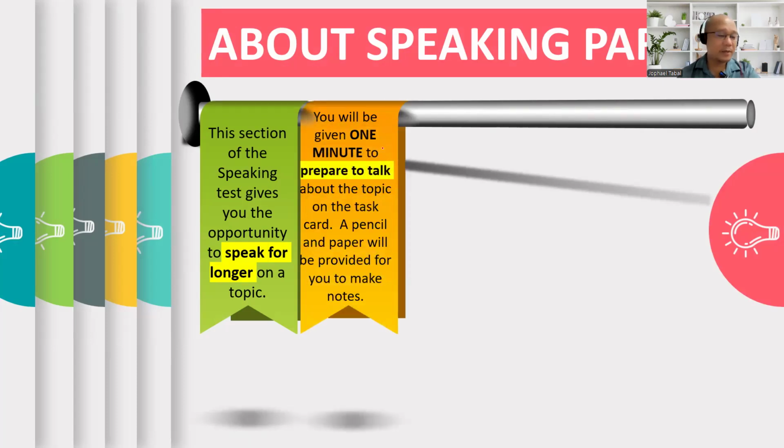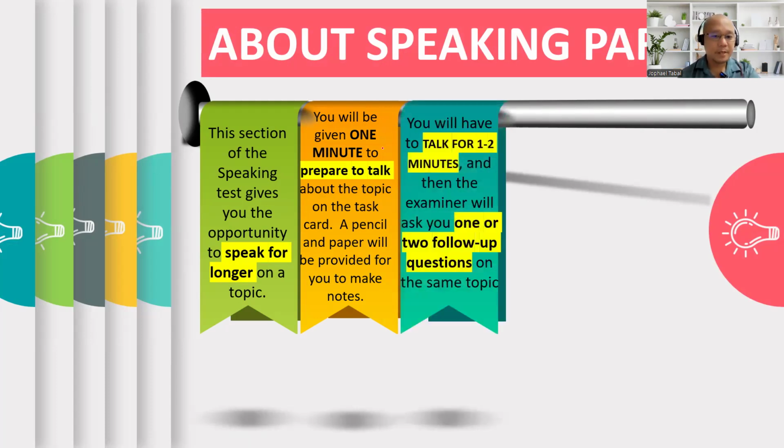And you have a preparation time. We have mentioned in our introduction to IELTS that for IELTS speaking part two, the total time is 45 minutes, including preparation time. So the candidate has 1 minute to prepare for the response.